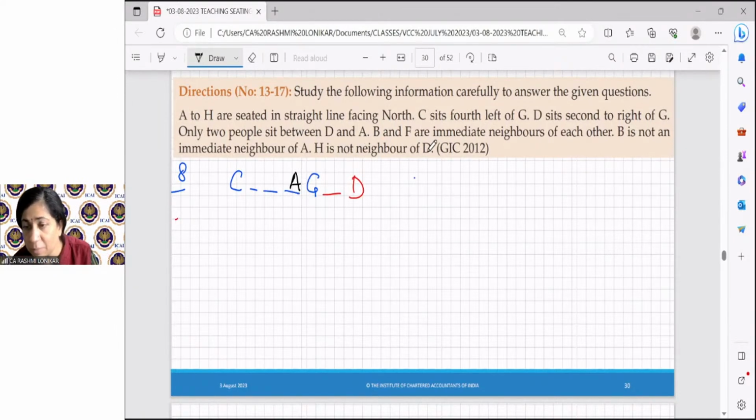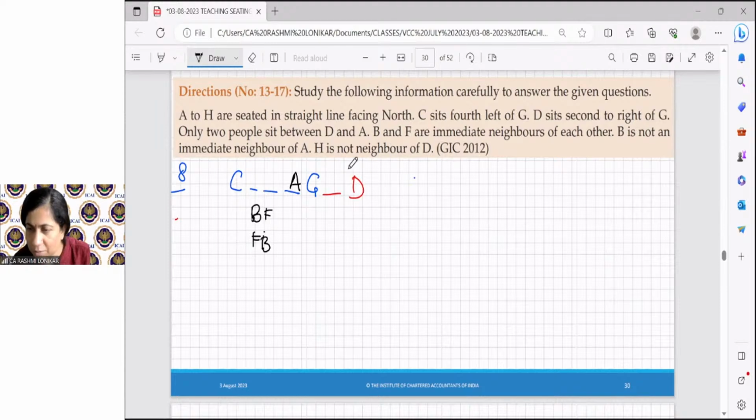B and F are immediate neighbors of each other. So you can have BF or you can have FB. Not Facebook, and not boyfriend, this is BF, and this is FB.